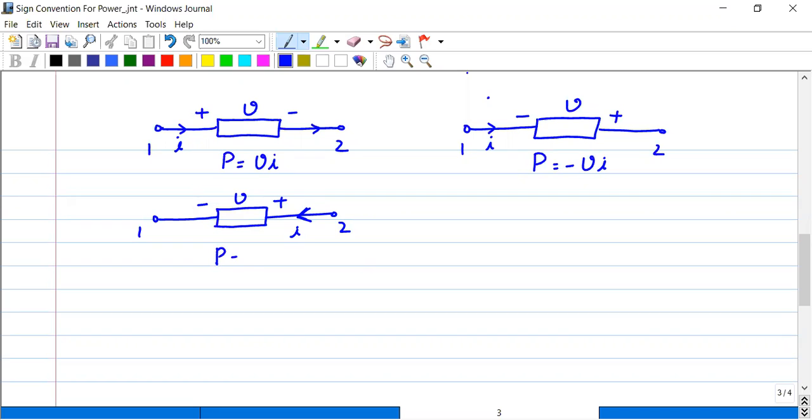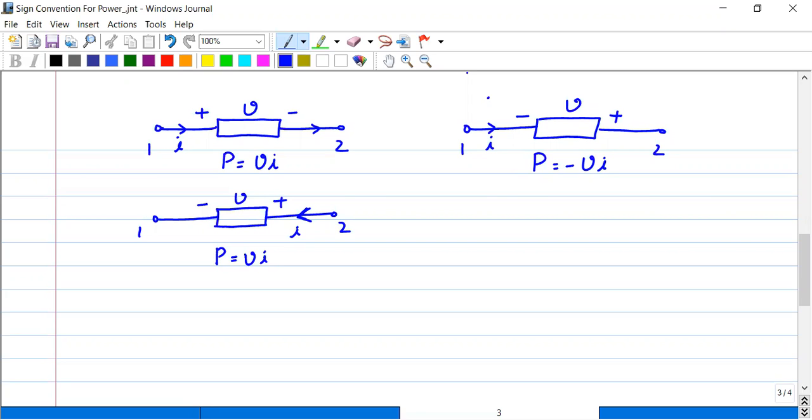So you can still say that this element's power is positive. That means the element is absorbing the power. Fine. So you have to be careful whether the current is entering the positive or the negative terminal of the voltage which is applied across the element, or the voltage of any source.